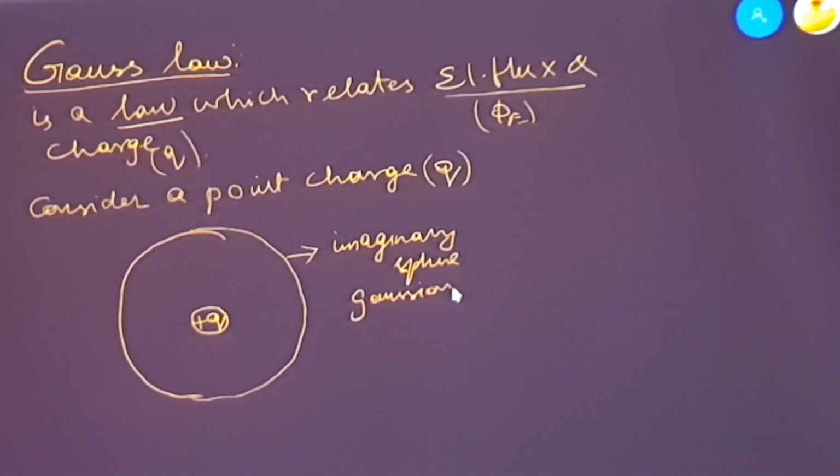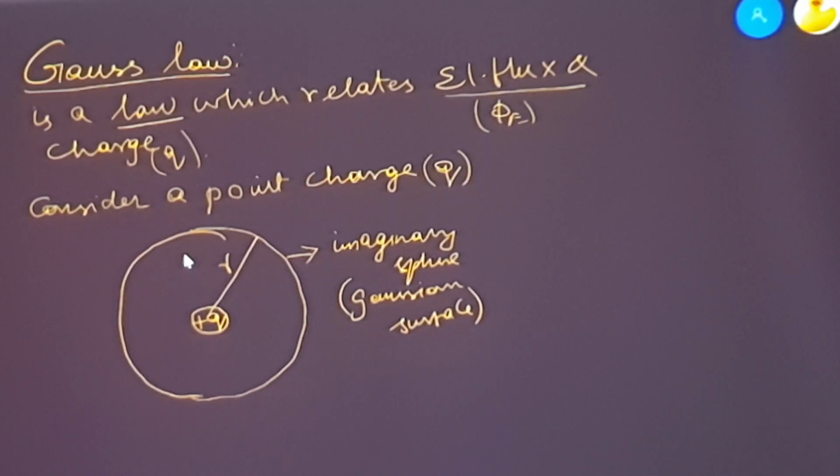Let us consider that the surface I have considered here has a radius small r. Now, what I am going to calculate is the flux through this Gaussian surface.